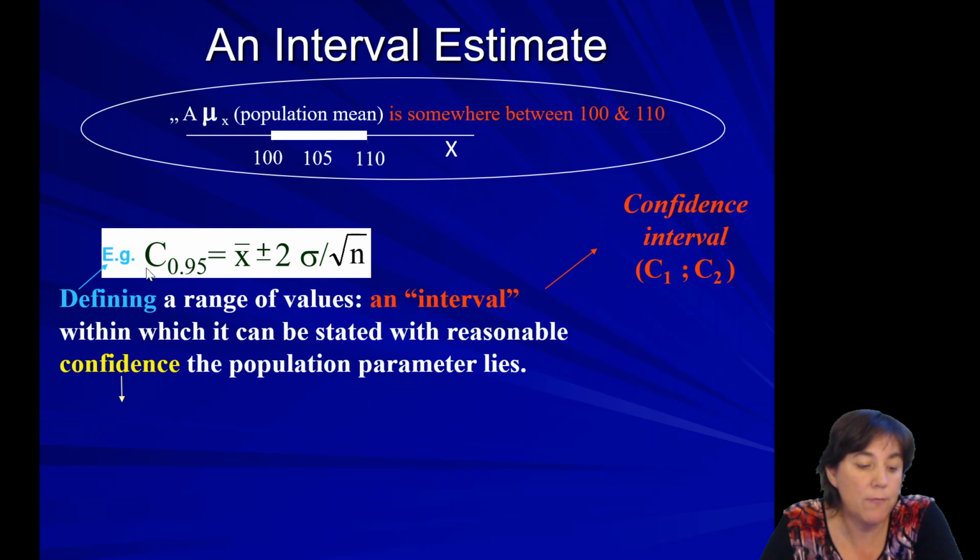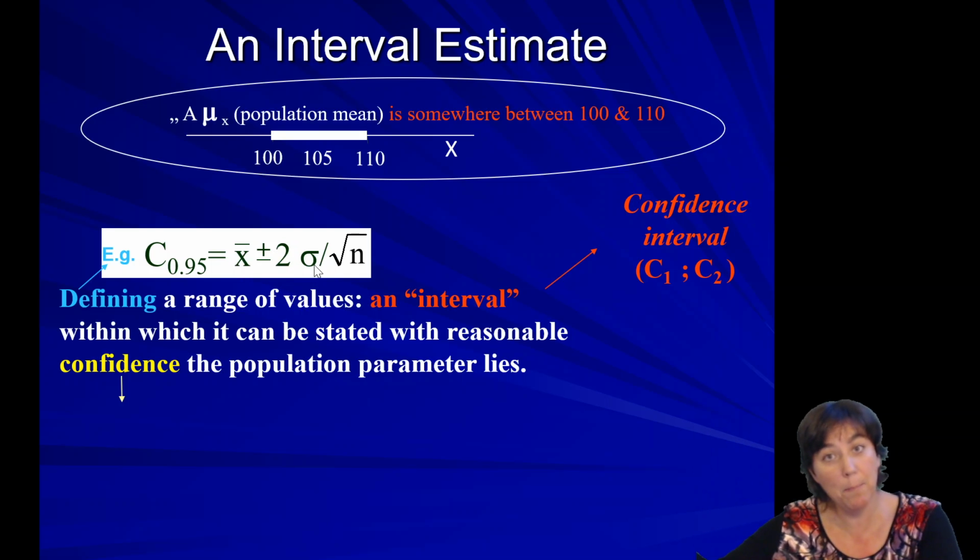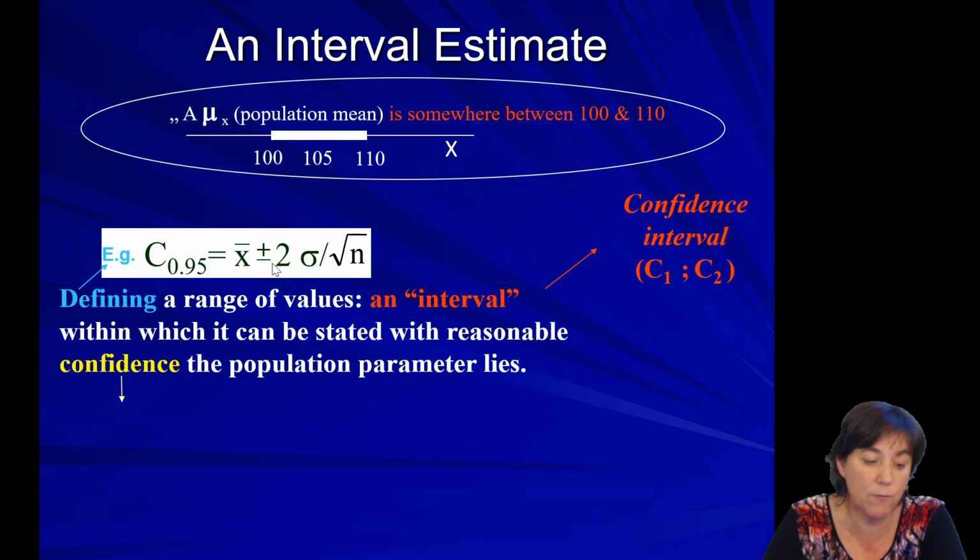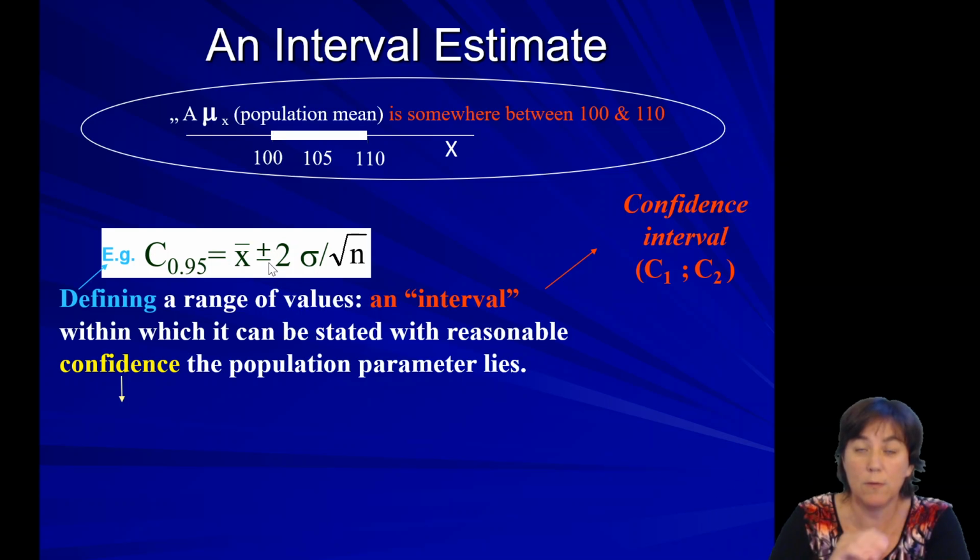Now, what is this confidence and how do we define this? Well, we define it by this simple mathematical rule. We take the mean and we take 2 standard deviations around the mean. Up, this is the plus in this formula, and down, this is the minus. Why is that?